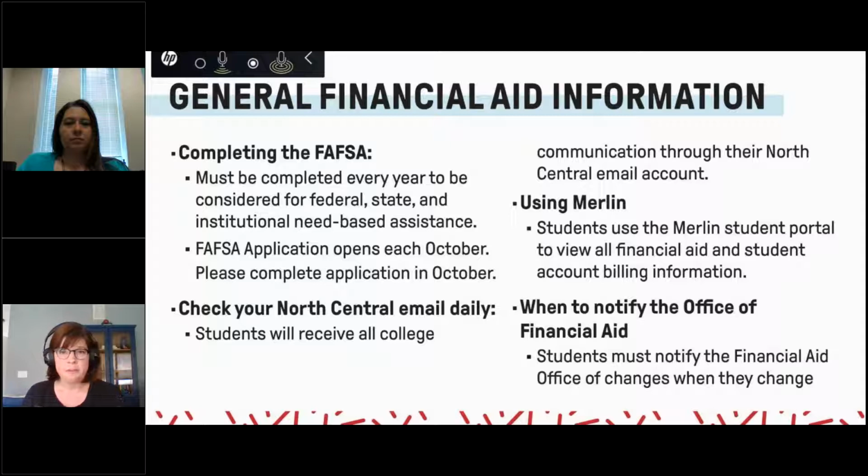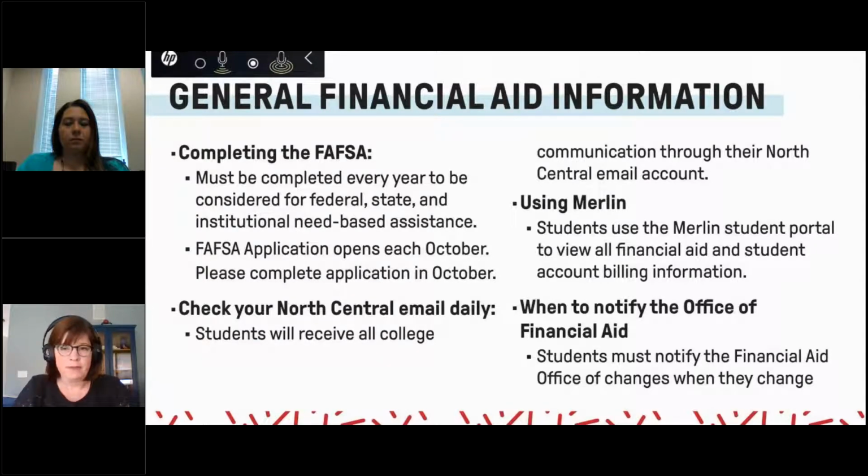You'll also be introduced to the Merlin student portal. Merlin allows students to do all of their administrative college business: checking your grades, checking your financial aid, checking your bill, registering for courses, all of that happens through the Merlin portal. It's very important that you familiarize yourself with that and get used to looking at all of the menu items and knowing where to go for certain information.